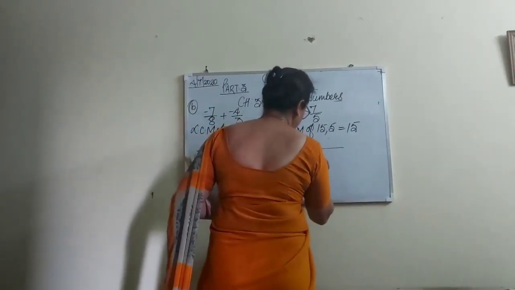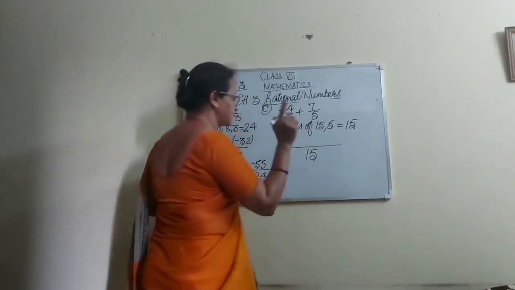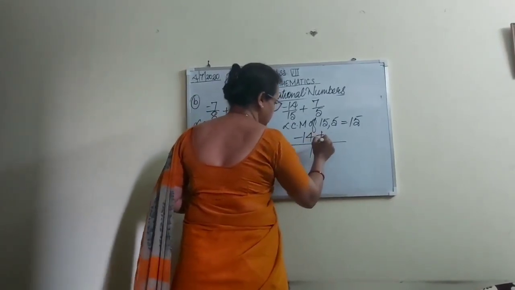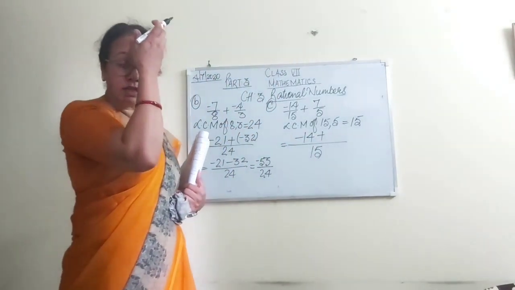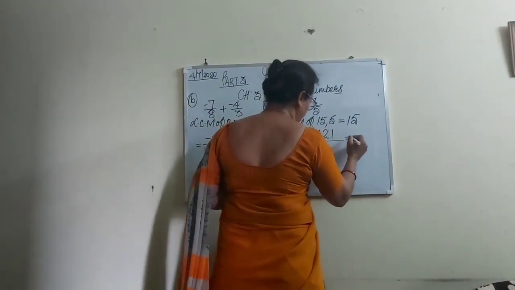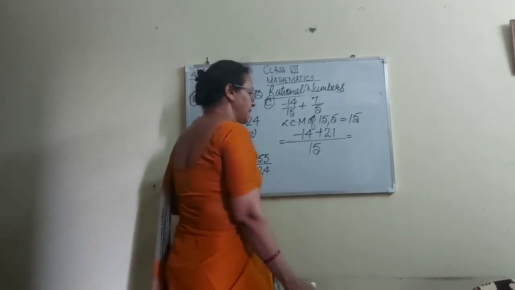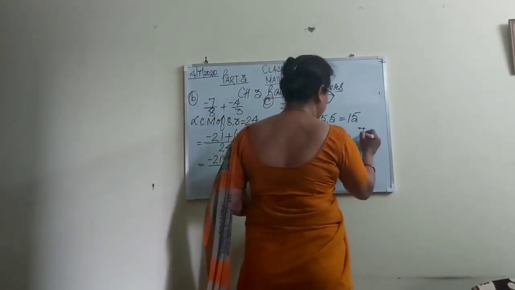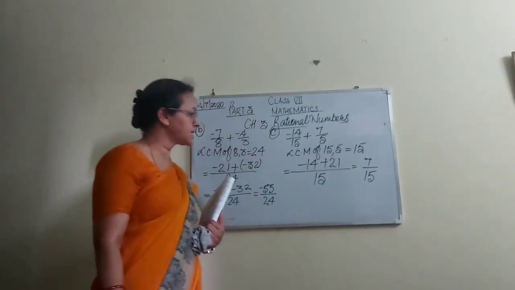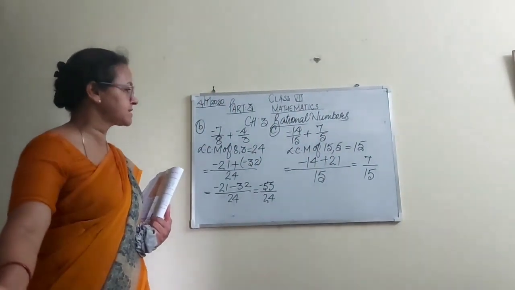Now 15 as LCM. 15 divided by 15 is 1. 1 multiplied by minus 14 is minus 14. Plus 15 divided by 5 is 3. 3 multiplied by 7 is 21. Minus 14 plus 21 will be 7 by 15. What is the answer? 7. Why 7? Because 21 is greater than 14.